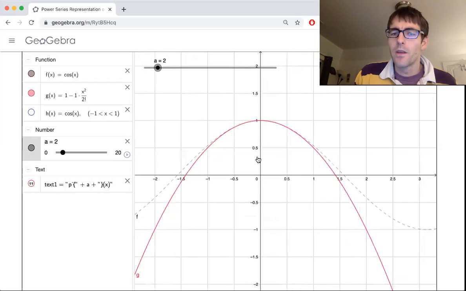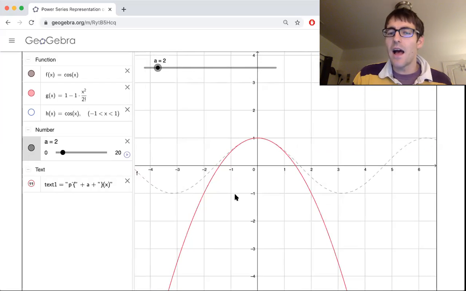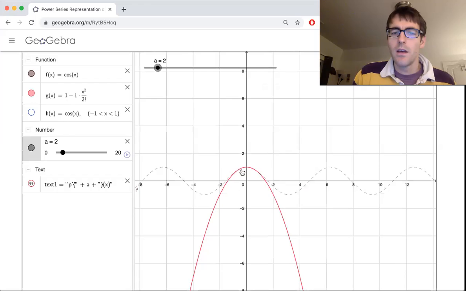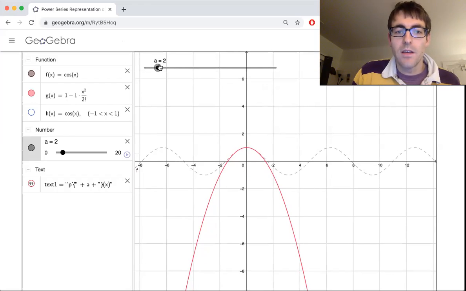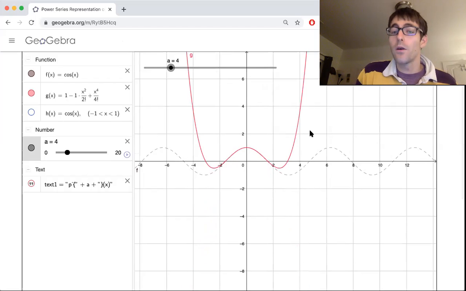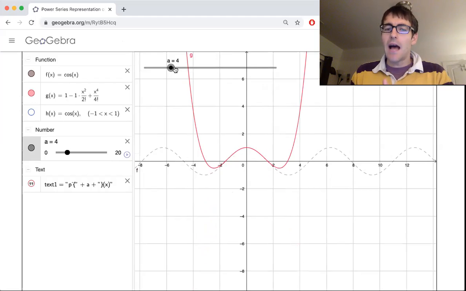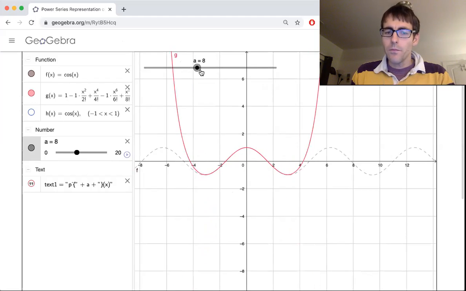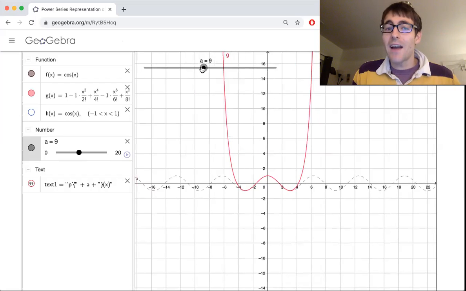But what I wanted to point out was that if we allow higher and higher degree polynomials, if instead of just going up to x squared we allowed it to go up to x to the 4th, we can see that we hug this cosine curve a little bit more closely. As we allow higher and higher degree polynomials, this gets closer and closer to mimicking what's actually going on.